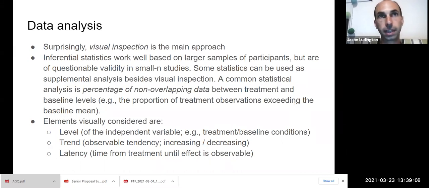If we observe that the percentage of observations are much different than 50% above or below the baseline, we have evidence of an effect. It's not super clear. It's a bit ambiguous.